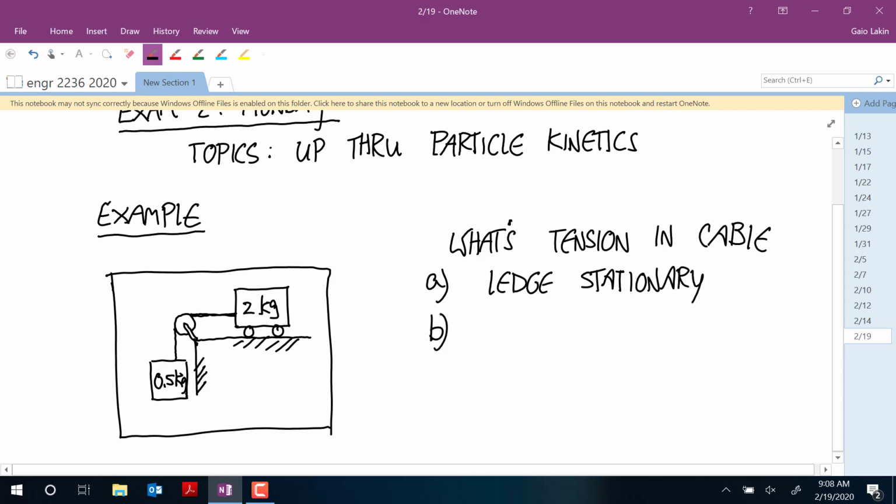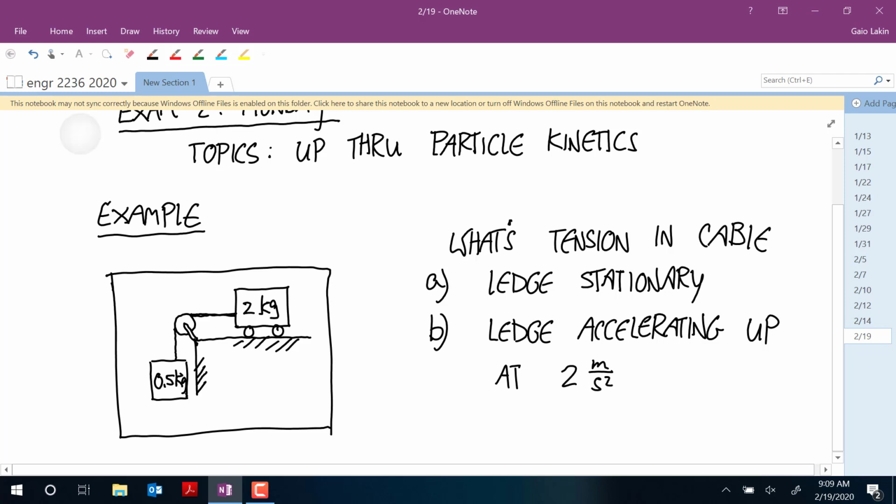And then second, we'll do it with the ledge accelerating up at 2 meters per second squared. Okay, so in that case, it's like this is in an elevator. Okay, and you do this experiment. So we'll do this kind of experiment, once with the whole system stationary, once with it accelerating up.